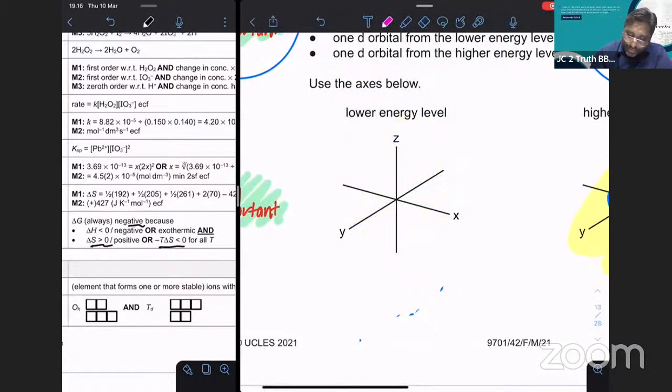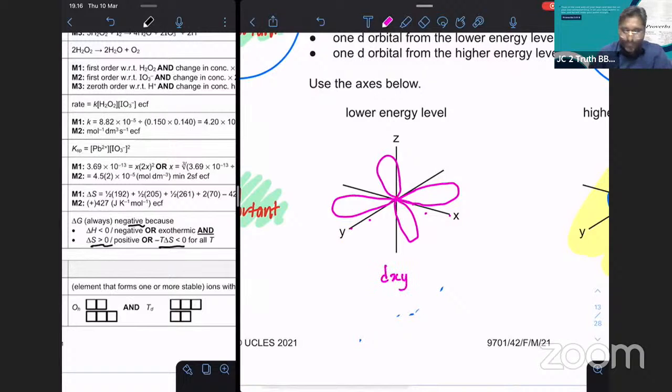This is x, this is y, and I want to draw between x and y. I draw one here and another here, and this is what we call dxy. The same thing applies for yz and so on, they will come in the middle. So you just go and look at my notes.